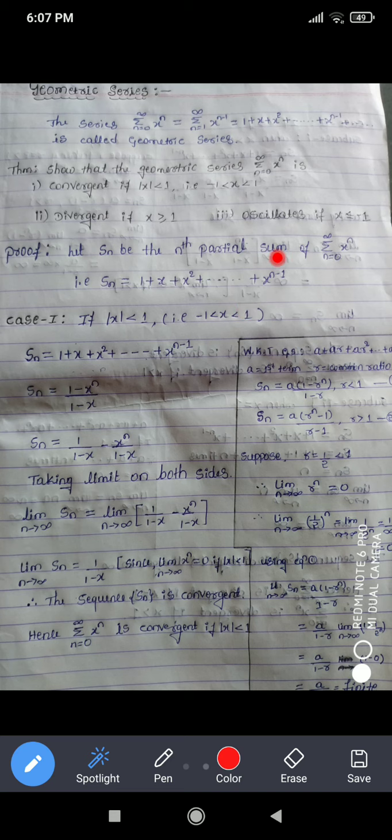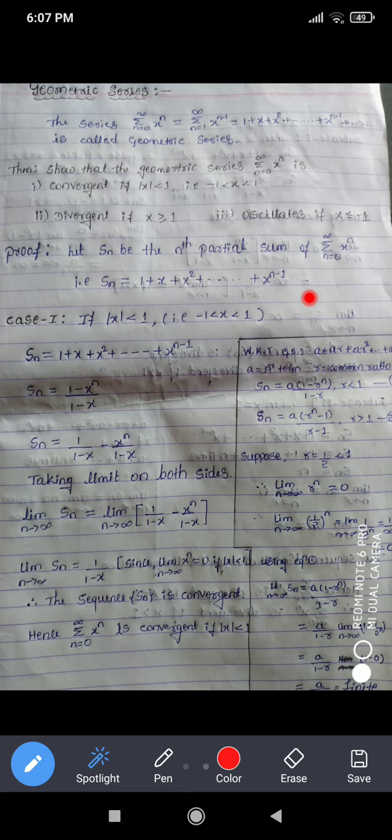Here x raised to n minus 1 is the last term, which means there are n terms. Suppose we take S_3, the sum of 3 terms, that is 1 plus x plus x square. We consider only 3 terms. Don't consider the power of x; we only have to add the number of terms up to the nth term.